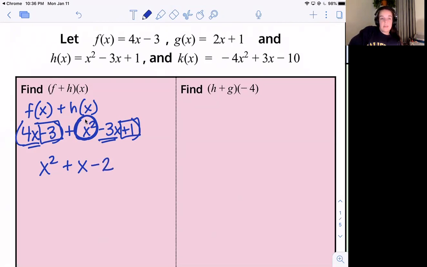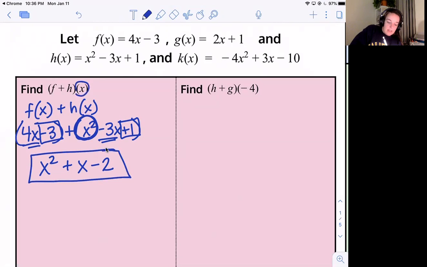So we could say that when we combine f of x and h of x, we get this function here. Remember, this x just means this is the variable that we're using. It does not mean multiply that in. For this next one, it says h plus g.